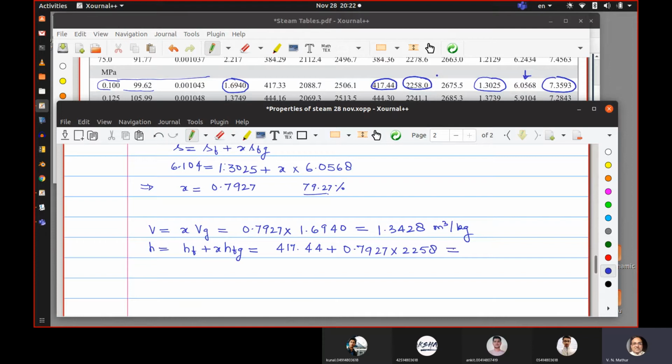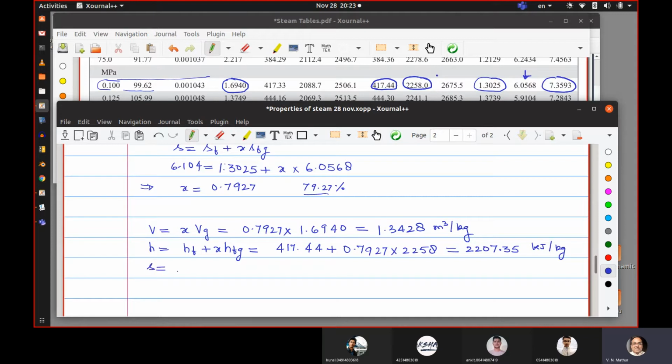So this is 417.44 plus 2207.36, which is about 2207.3566. You can write 36 kilojoule per kg.